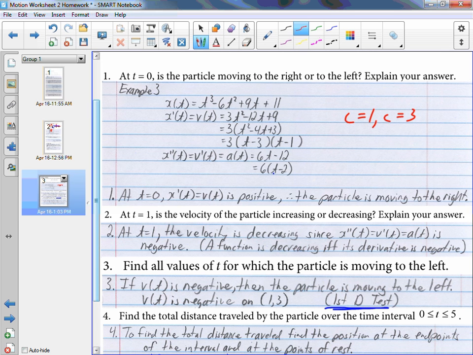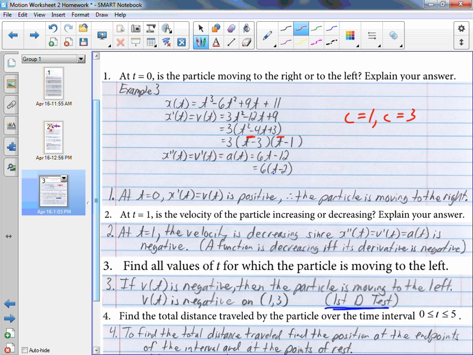To the left of 1, we would have a negative number here, minus 3. That's negative. Wait a minute, I shouldn't say that right. A number to the left of 3 minus 3 is negative. A number to the left of 1 minus 1 is negative, so our first derivative is positive there.